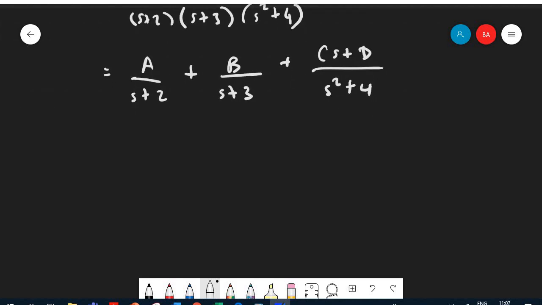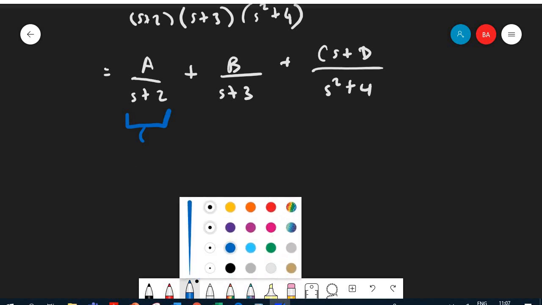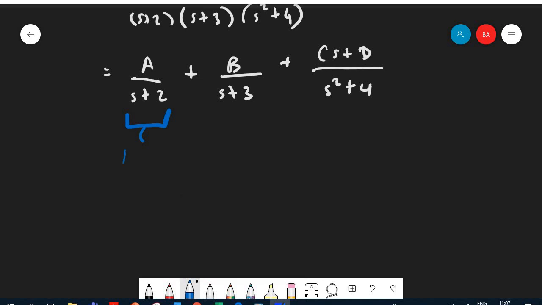I already know that the answer from the first part is going to be an exponential term. It will be A e to the power minus 2t, plus B e to the power minus 3t.